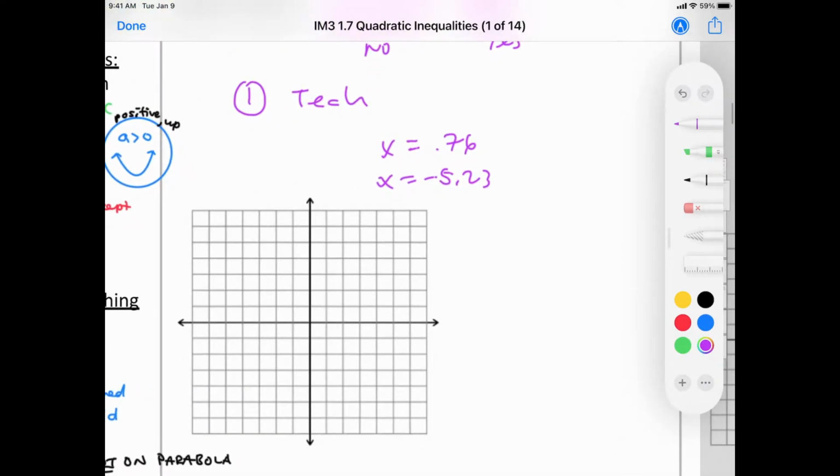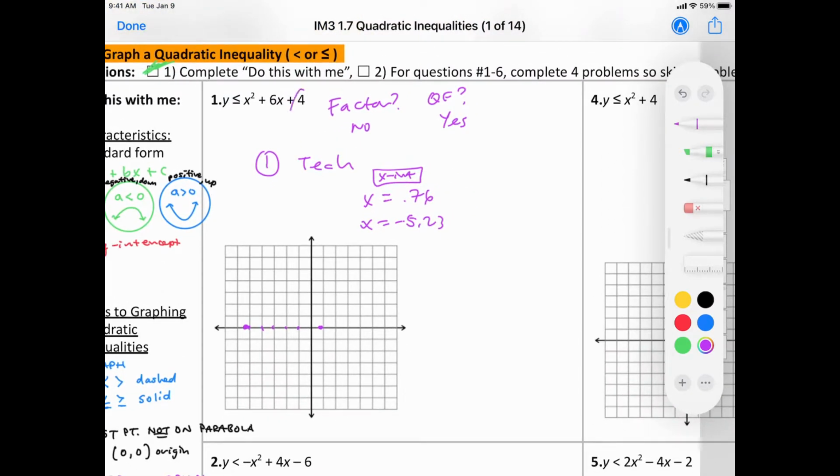Alright, so I'm just going to kind of generally put those there. Negative 0.76 is between negative 1 and 0, and negative 5.23 is between negative 5 and negative 6, closer there. Okay, so these are my x-intercepts. This is my y-intercept, so 4.